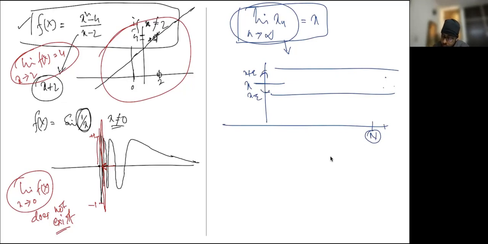Okay, and then when we talked about extended reals and the topology there, this "for all n greater than or equal to capital N" basically means that there is a neighborhood of plus infinity such that for all small n belonging to that neighborhood, you can rephrase it that way.